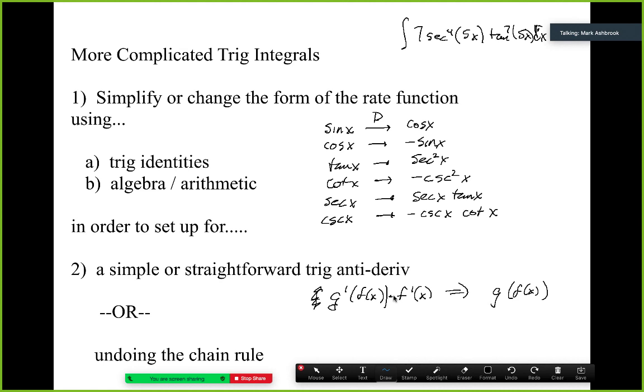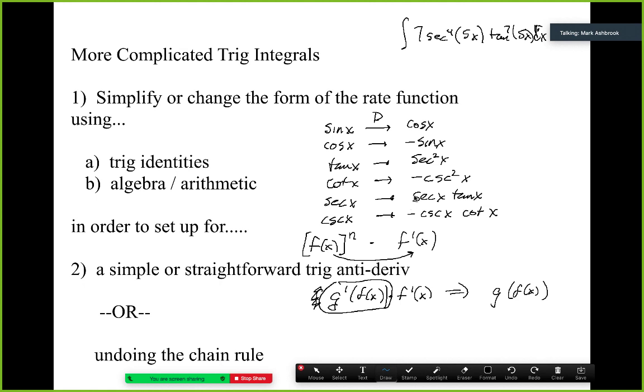Here's where these derivatives come in. g prime is going to be some power of a trig function, like f of x to the nth power, and then we're going to need times the derivative of that. So this is what we're staging for: some trig function to any power and its derivative, using these derivatives.